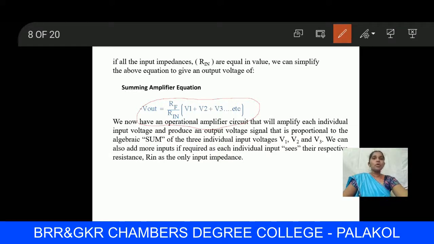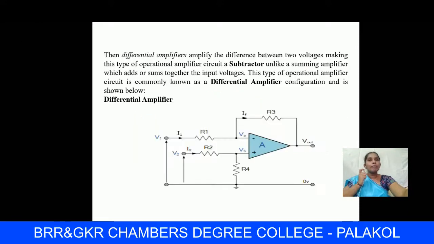We can also add more inputs if required, as each individual input sees only its respective resistance as the input impedance. So finally the summing amplifier output is Rf by Rin times the sum of all the input voltages of our amplifier. Okay, so this is about the summing amplifier.